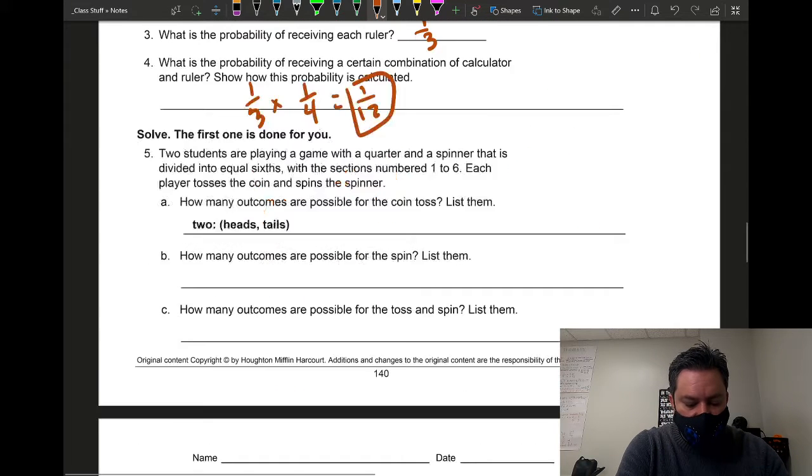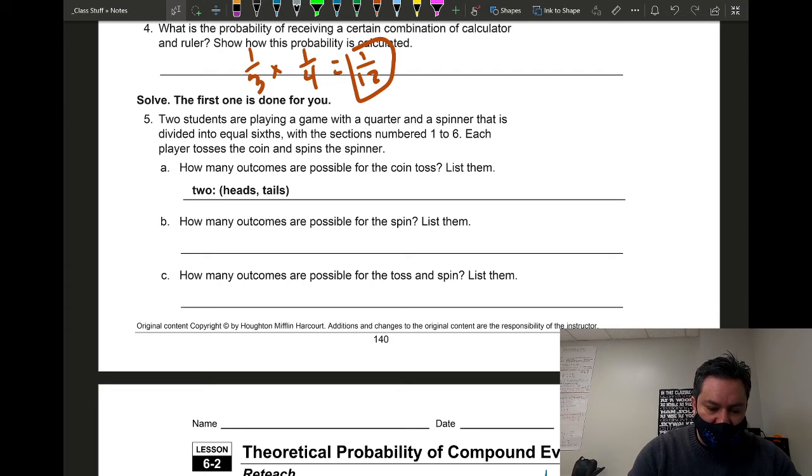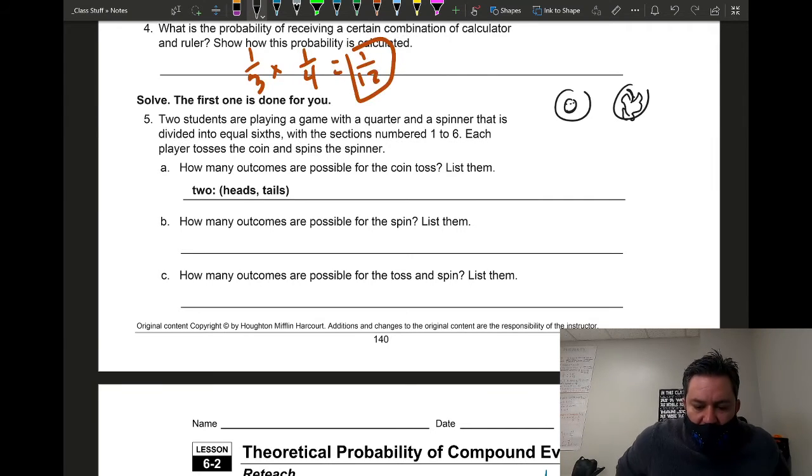Now, let's look at number 5. It says 2 students are playing a game with a quarter and a spinner that is divided into equal sixths. So we have a quarter, with heads and tails.